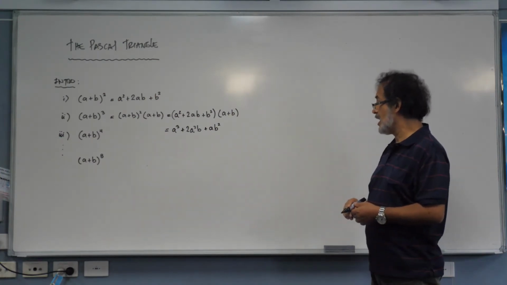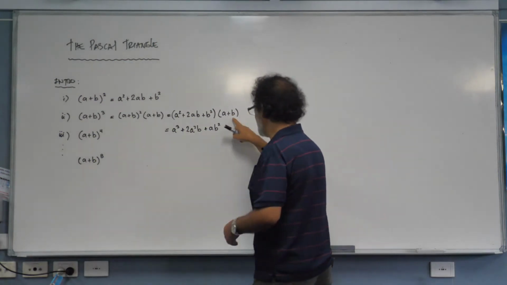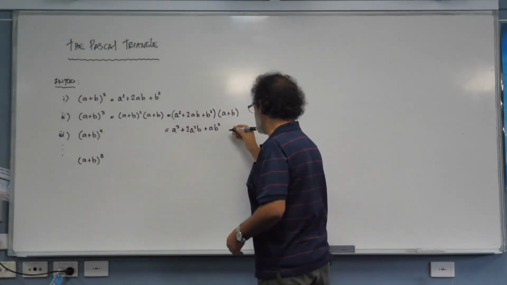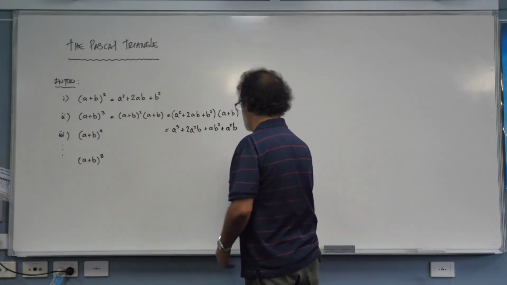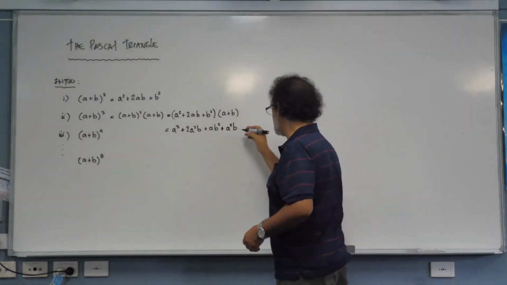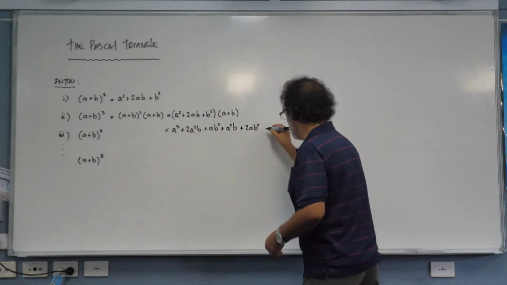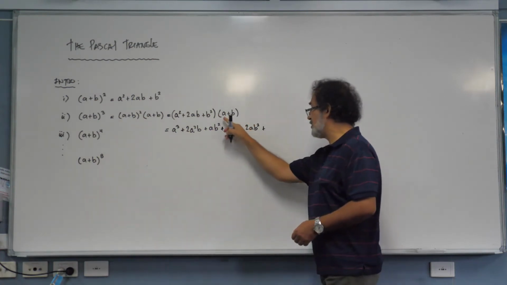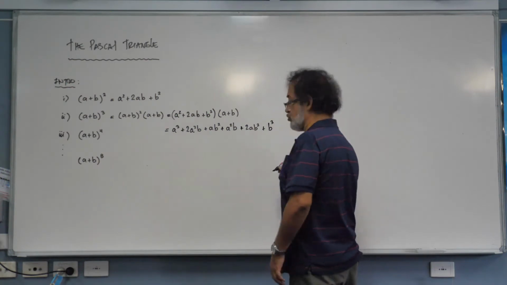Now we're going to do the b. If you multiply b by a squared, you're going to have plus a squared b. If you multiply b by 2ab, you're going to have 2ab squared. And finally, if you multiply b by b squared, it's going to be b cubed.